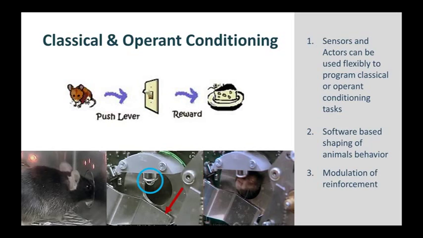The flexible IntelliCage software allows the shaping of the animal's response, such as an increase from fixed ratio 1 to fixed ratio 5, or the modulation of a reinforcer, such as the length of the reward access or the air puff.